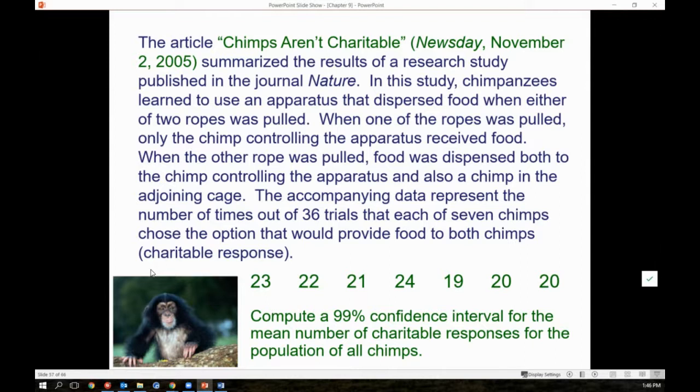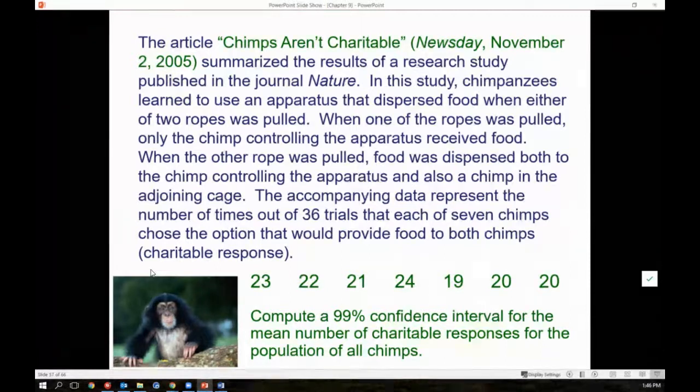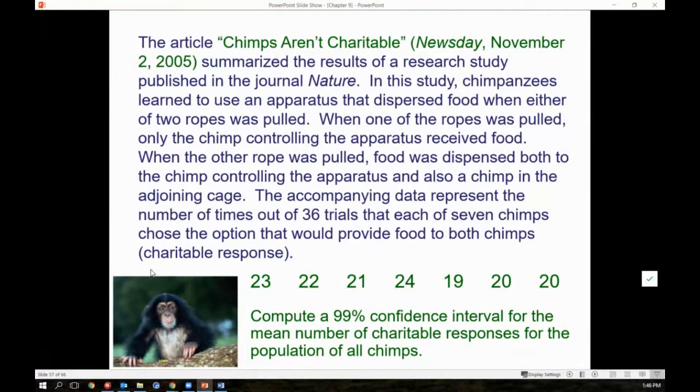They say the data represents the number of times out of 36 trials that each of the 7 chimps chose the option that provides food to both chimps. So they have another chimp in a separate cage. Essentially, if they pull one rope, he just gets food. If they pull another rope, both chimps get food.